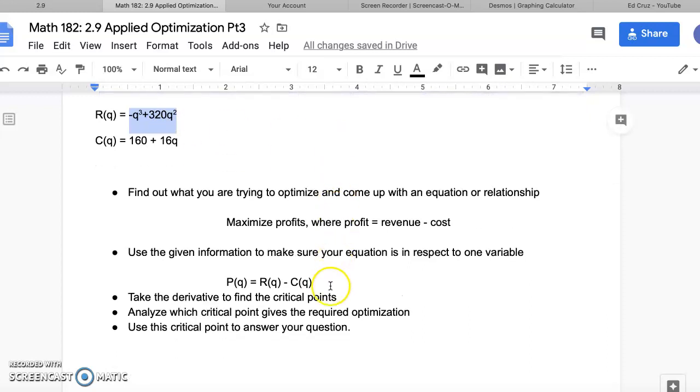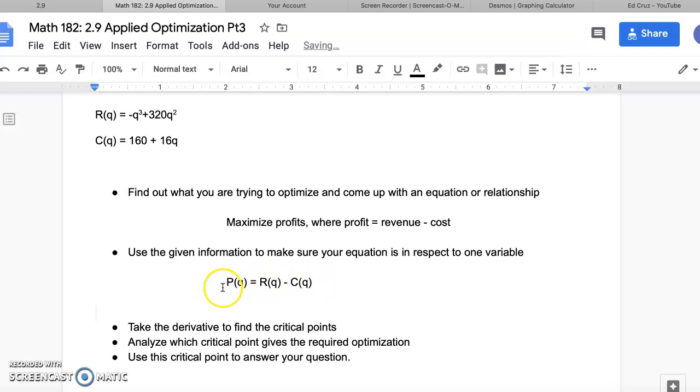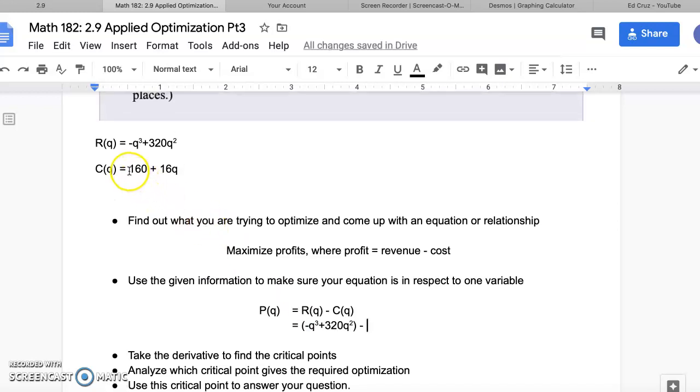So here's the first one. All right, so equals. So there's the first one, minus, so that's the revenue, minus the cost.